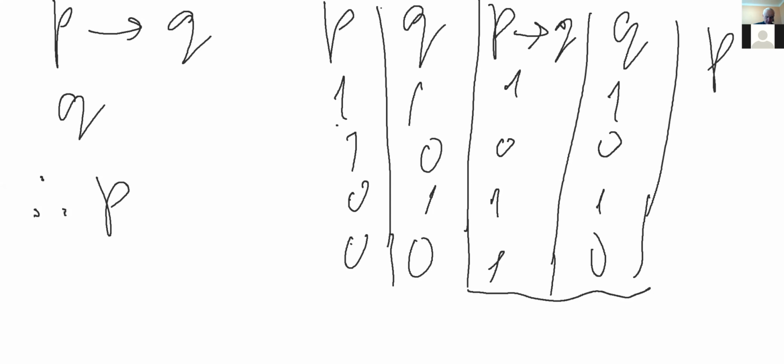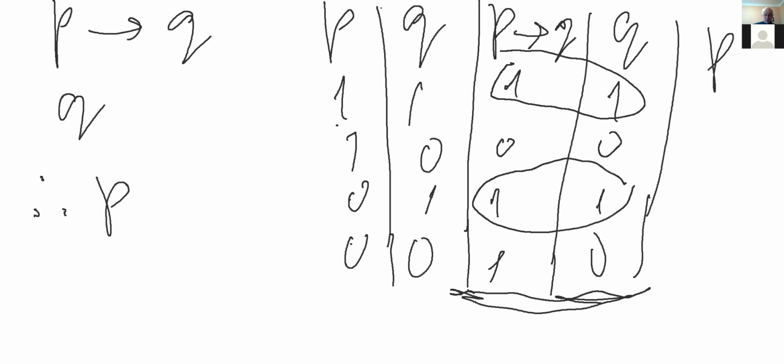These two columns are the premises, and we need to identify the critical rows. The critical rows are the first and the third. Only in these rows do we need to find the value of the conclusion. And here it is 1.